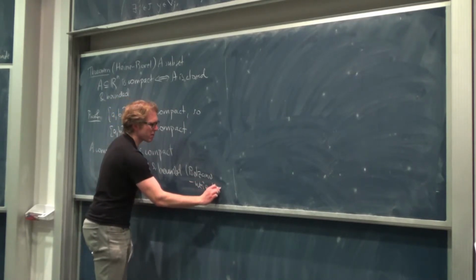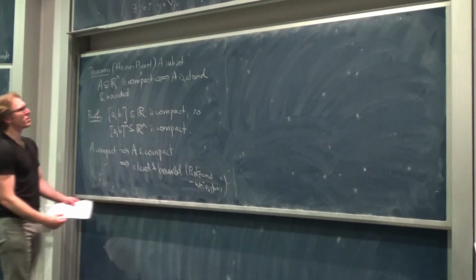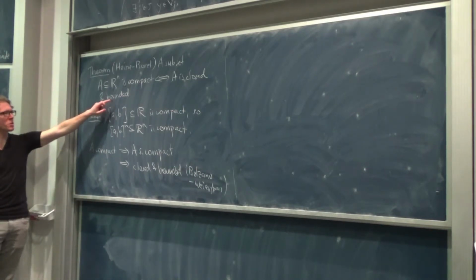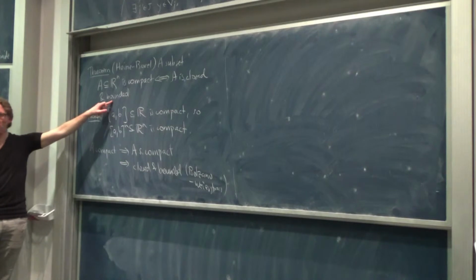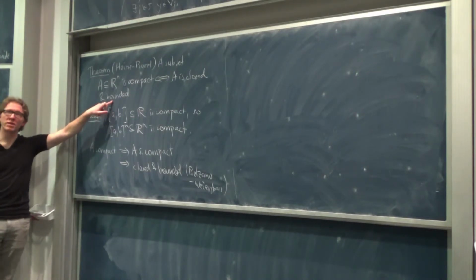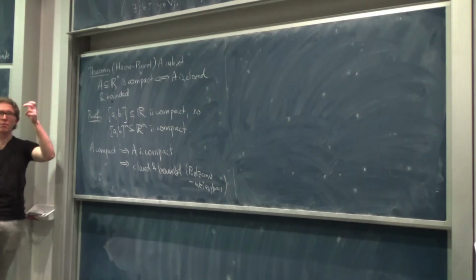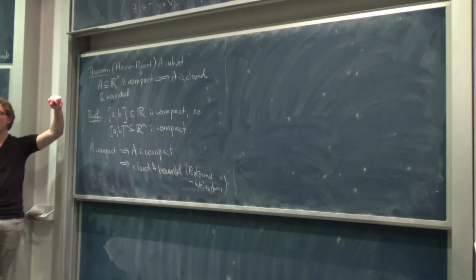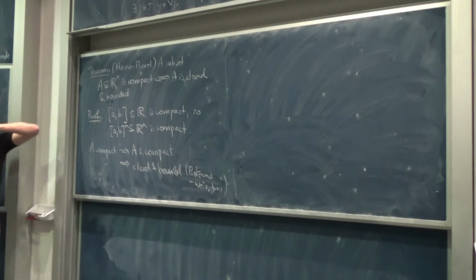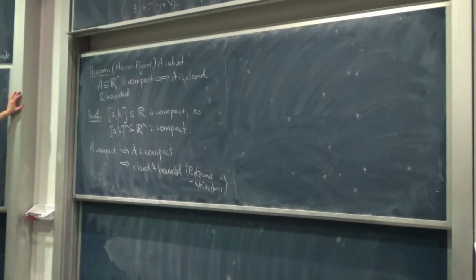So what does closed and bounded mean? Closed, well, it's clear what that means. A subset of a metric space is bounded if it lies in some ball. When I said the definition in R, I said a subset is bounded if it lies in some interval of the form minus m comma m. In a generic metric space, there's no reason to center it at some special point 0, and there's no reason really in R either, if you think about it.